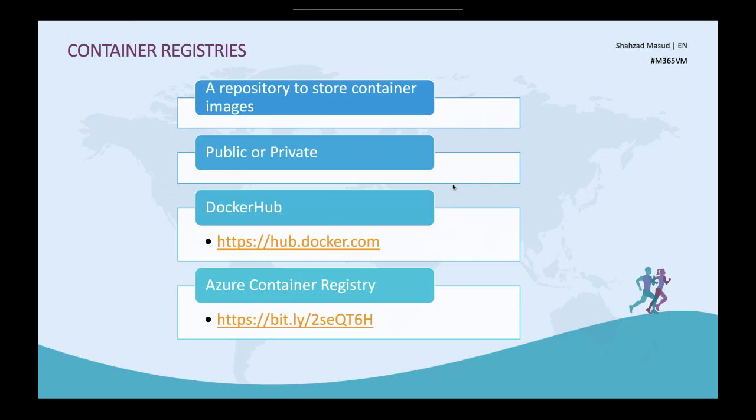So what is required over here? A container puts in all the required information, libraries, OS libraries, whatever is required, and stores it inside a container image. Then we execute a certain process to run that particular image. That image can be stored in a public repository or a private repository.